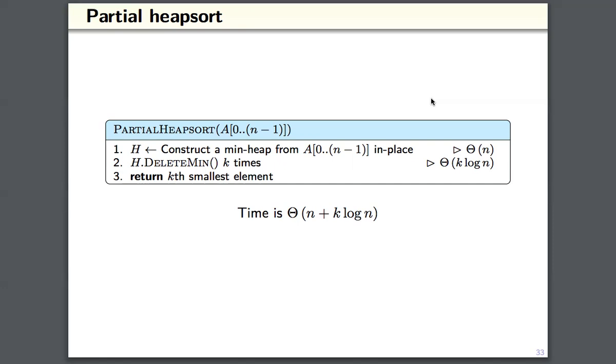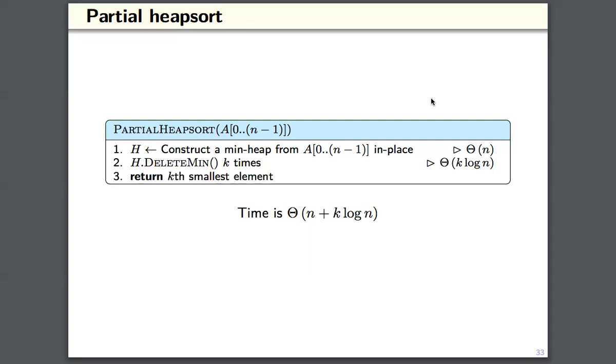Once you have a min heap, what do you do? Simple. You keep popping the smallest elements. Call delete min once, you get the smallest element of the array. When you call delete min for the second time, you get the second smallest element of the entire array.